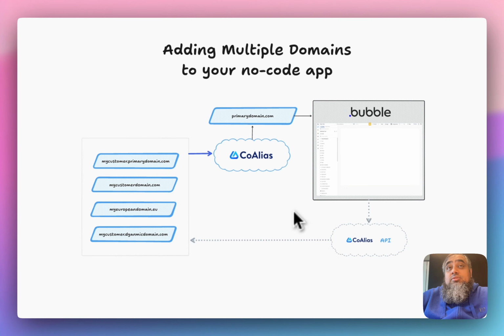And this is an awesome way, of course, to build a SaaS or to create a global presence in multiple countries. I hope this video helps you understand how CoAlias works, and there will be more videos on how you can personalize videos and how you can also integrate the API into your app.